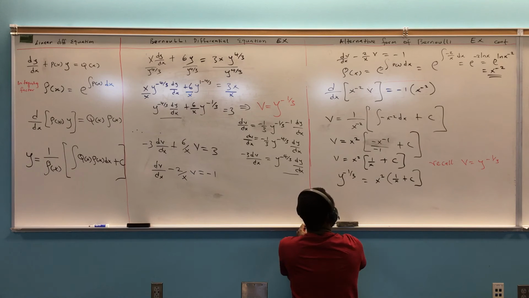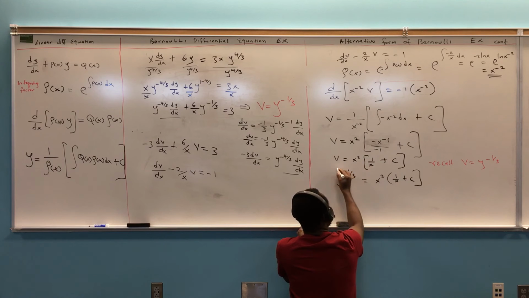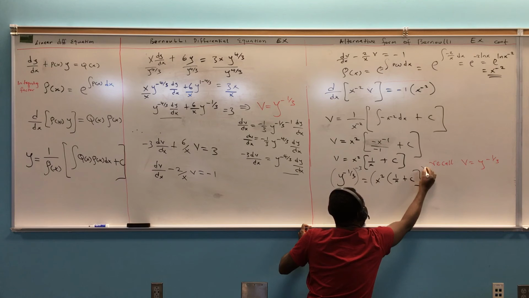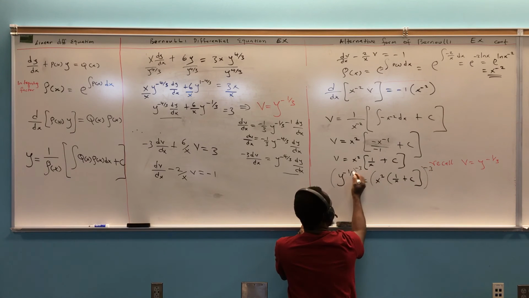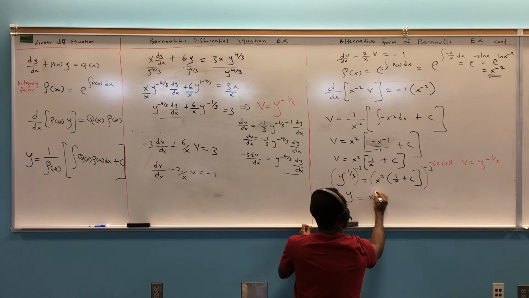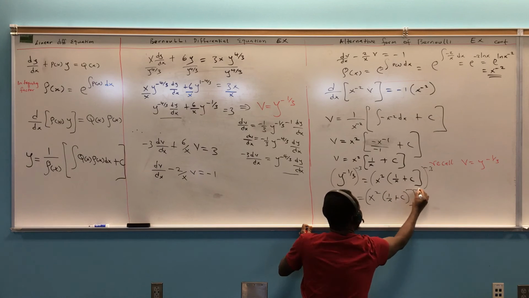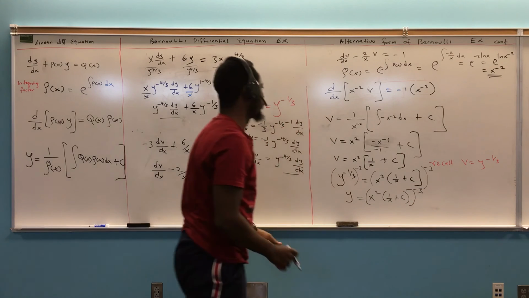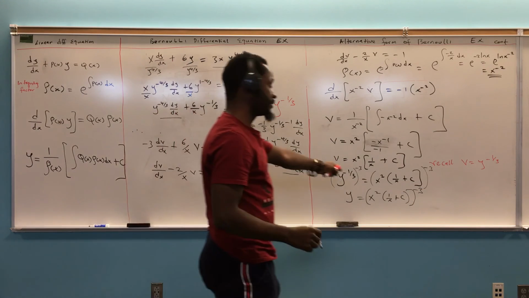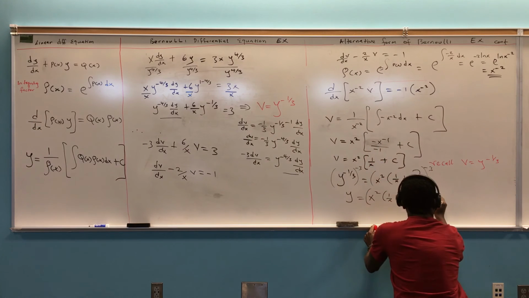And then it just means we can open this bracket if we want. Just raise both sides to the power minus 1 over 3. This will cancel all this, and we have y is equal to x squared times 1 over x plus c, all to the minus 3. We can rewrite this in a better form.